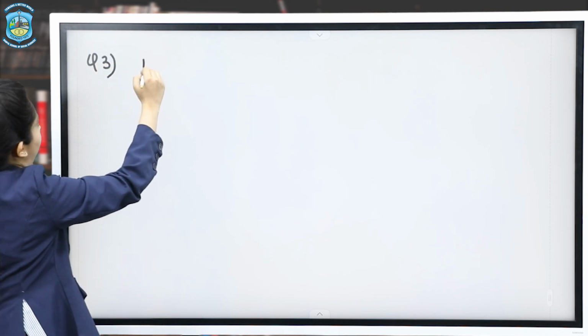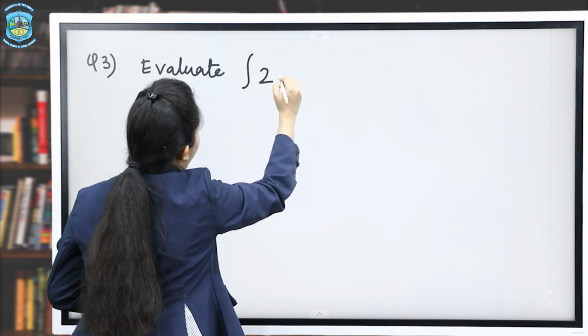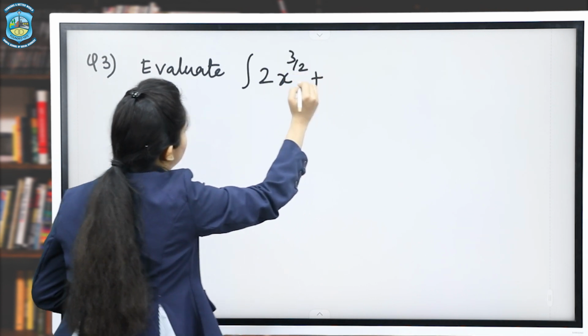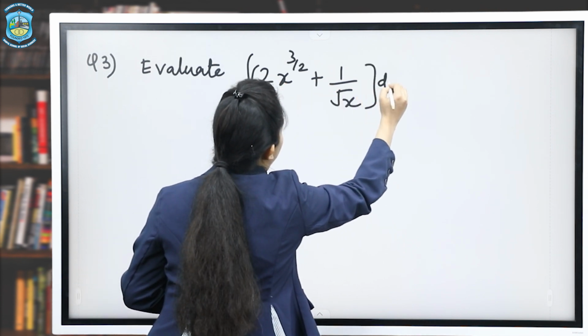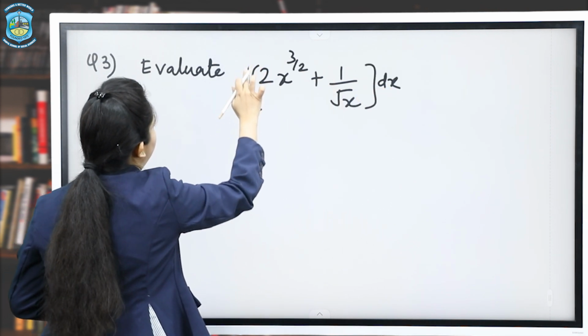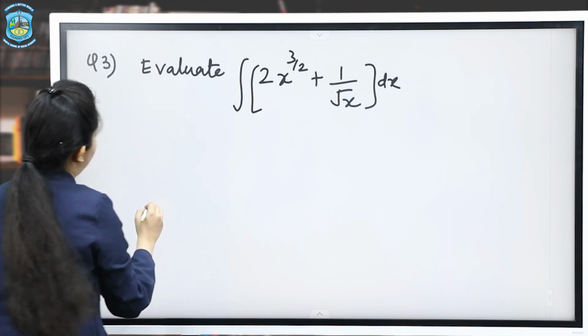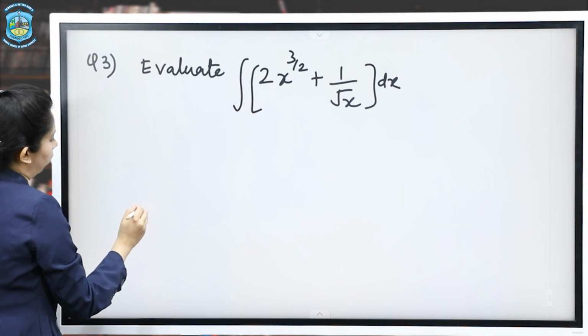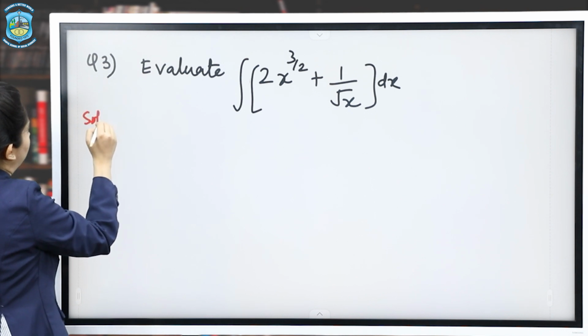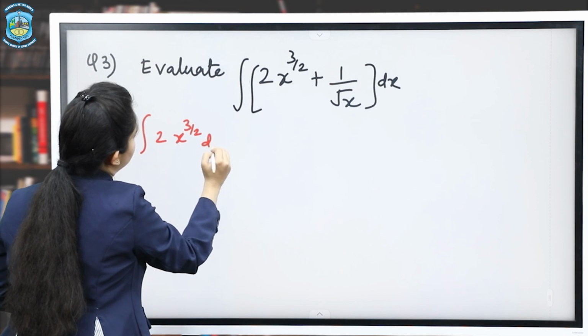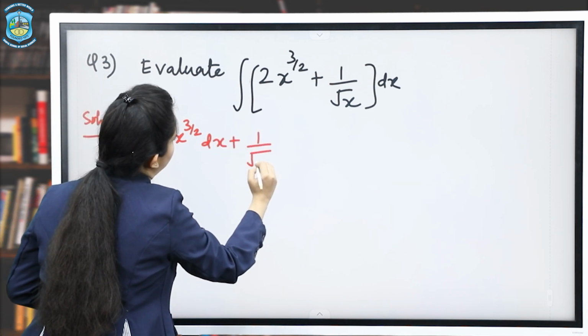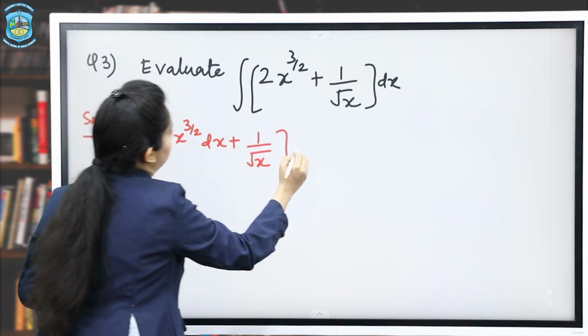So the third question in this series is that you have to evaluate the integral of 2x raised to the power 3 by 2 plus 1 by square root of x dx. So we have to find the value of this integral. So we will start with the integral of 2x raised to the power 3 by 2 dx plus 1 by square root of x dx.